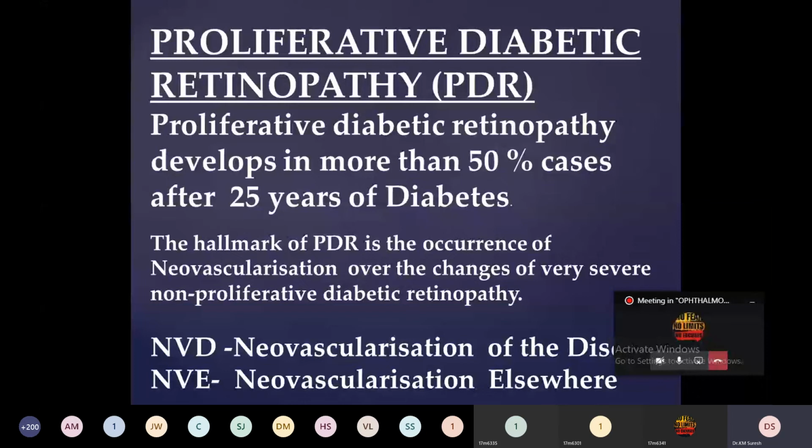Proliferative diabetic retinopathy develops in more than 50% of cases after 25 years duration of diabetes. The hallmark is the occurrence of neovascularization over the changes of very severe non-proliferative diabetic retinopathy. So the terminology NVD and NVE you should know very well: neovascularization of the disc and neovascularization elsewhere.